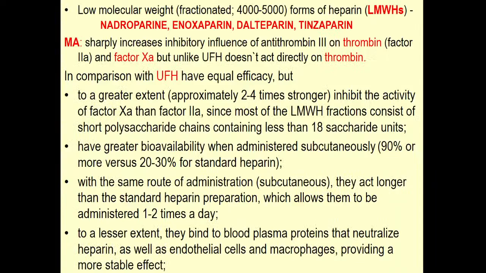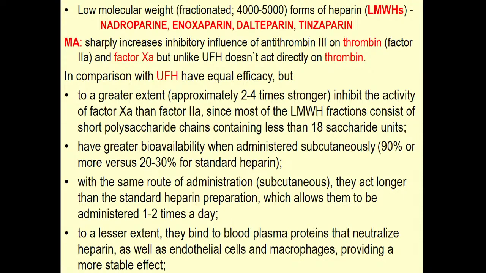So low molecular weight or fractionated heparins are molecules with molecular mass 4 to 5,000. These agents include nadroparin, enoxaparin, dalteparin, tinzaparin.